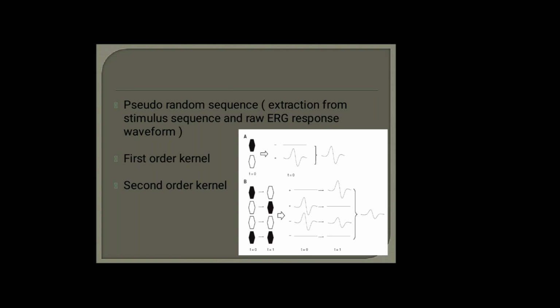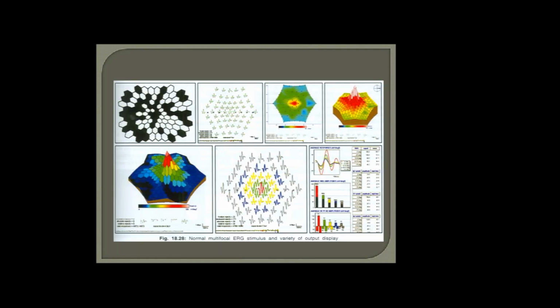The first order kernel, termed A, is good for bipolar cells, and the second order kernel, termed B, is good for your ganglion cells. If time permits, or if you ask me later, I can discuss more on the first order and second order kernels. You just have to remind me at the end of the presentation.